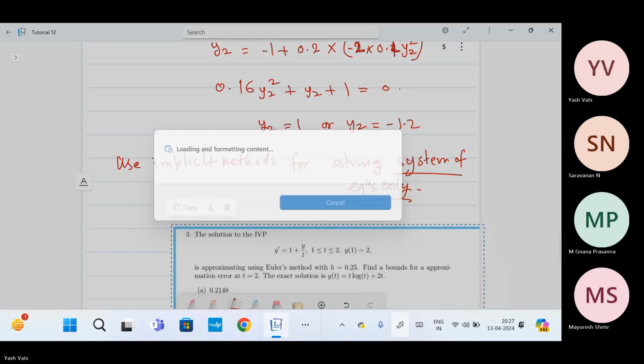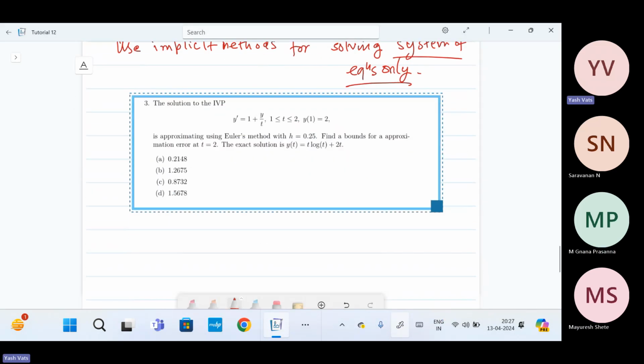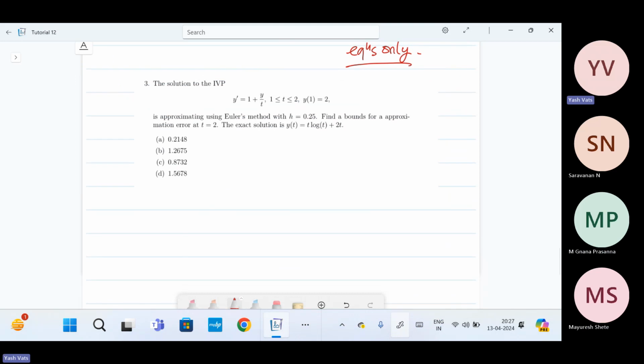Okay, so we have another question in the box. The solution to the IVP is approximated using Euler's method. With this, find bounds for the approximation error. The exact solution is y(t) equal to this. I'm not going to solve it, I just show you the method.